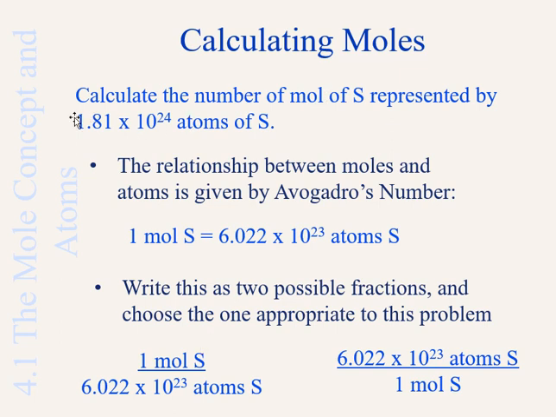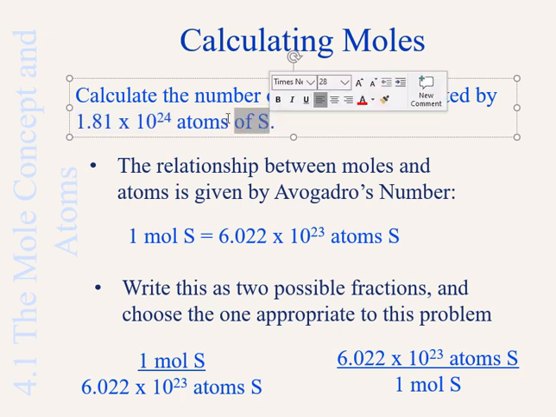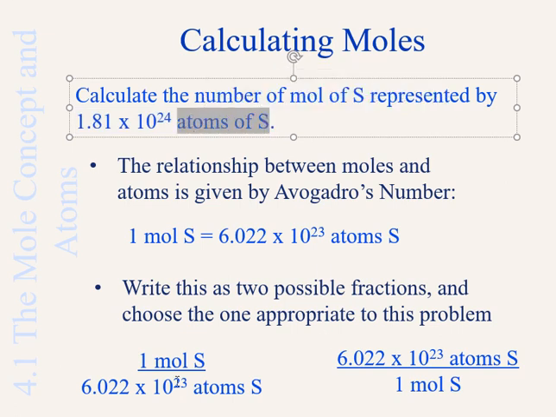Because this number up here is in the numerator, we want one of these two conversions to have atoms of sulfur in the denominator. Which one has that? That's right, the first one. So when I multiply this with this, the atoms of sulfur cancel out. The unit that remains is moles of sulfur, which is what we are asked for.